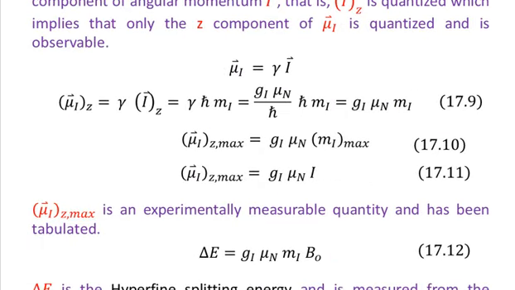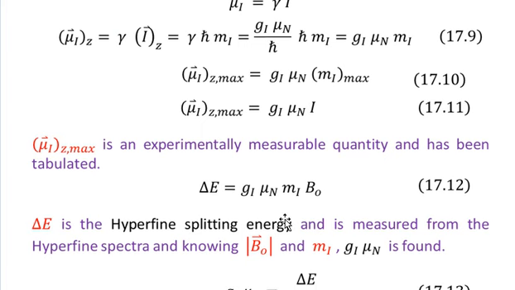And here you see that I have written the value of delta E as Gi into mu n into Mi into B naught. So when you want to write the value of delta E, you need to multiply it with the magnitude of the external magnetic field B naught. And Gi into mu n into Mi is actually the Z component.